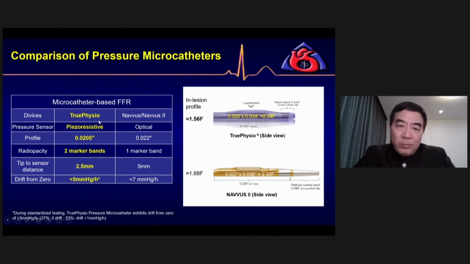We also compared the parameters of another monorail system, which uses an optical mechanism. The profile of this pressure wire is only 0.02 inch, which is very small and can cross every lesion.